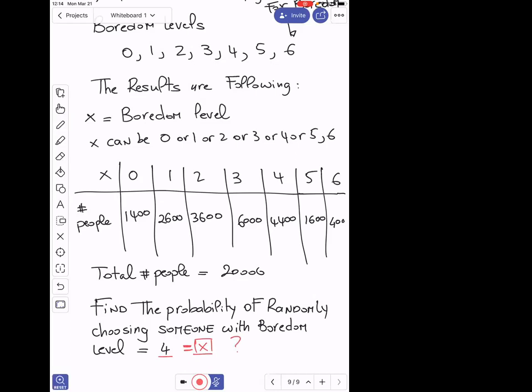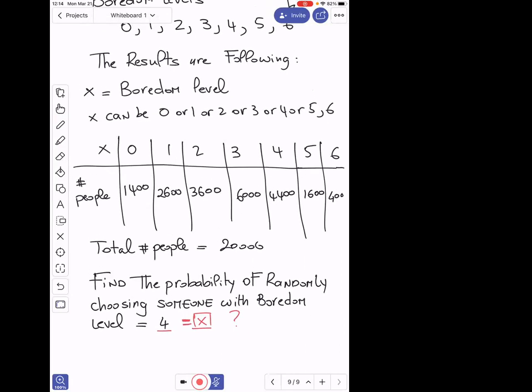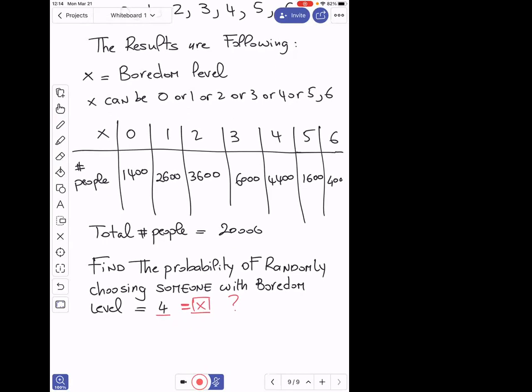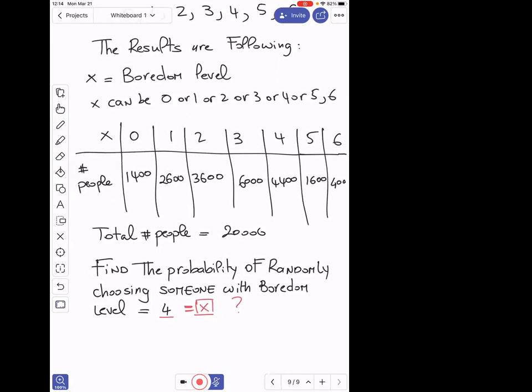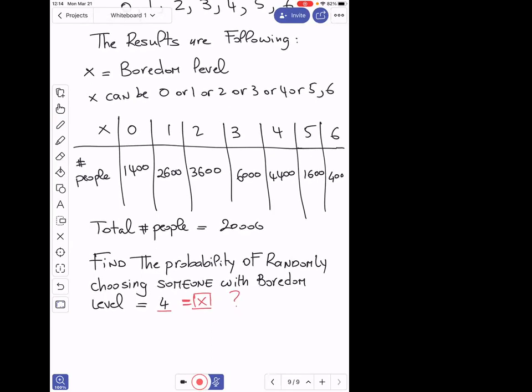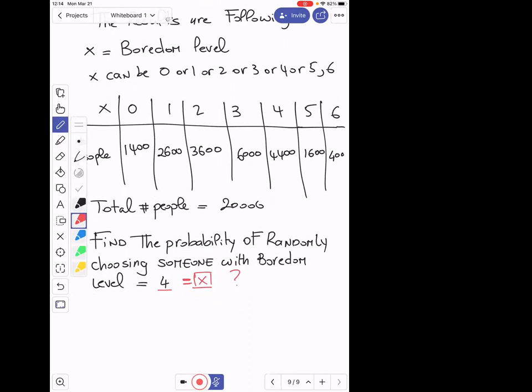So how do we compute such a probability? Any guess? What will be the probability of choosing someone with boredom level equal to 4 out of the 20,000? Would it be 4,400 over the 20,000, the size of the sample? Yeah, absolutely. Very good.